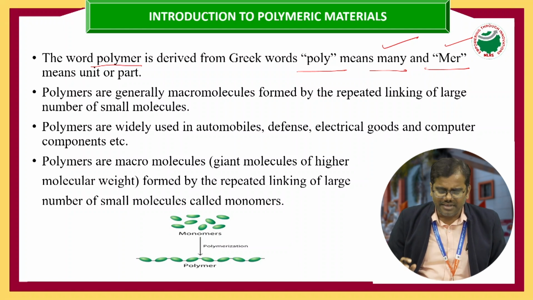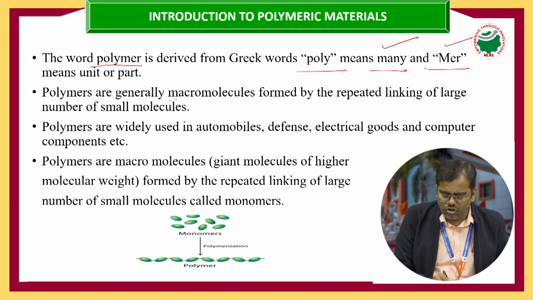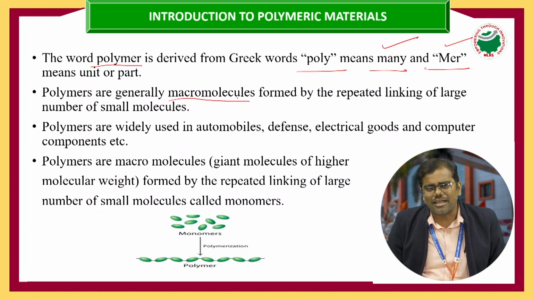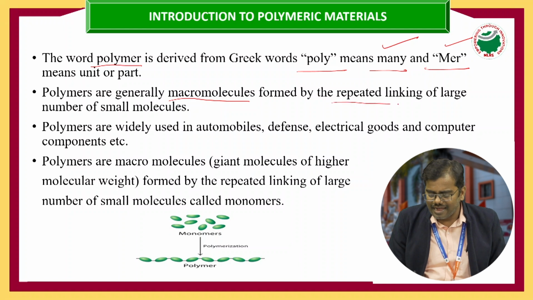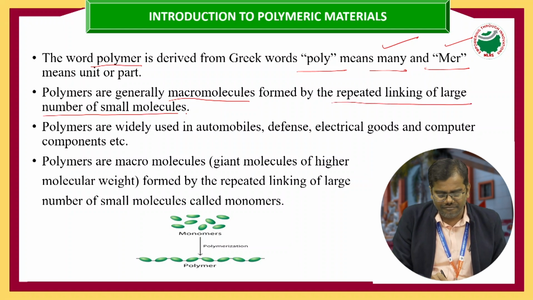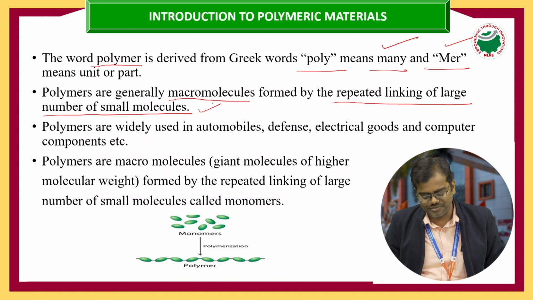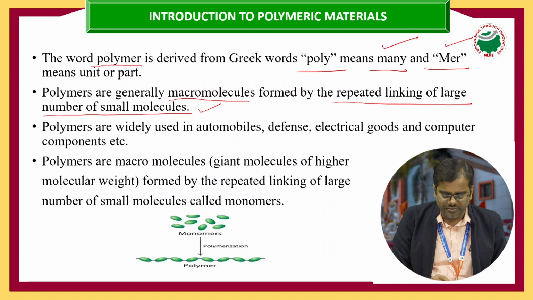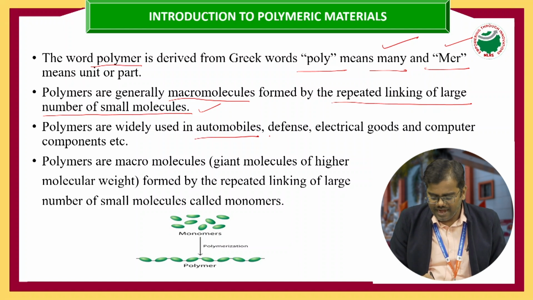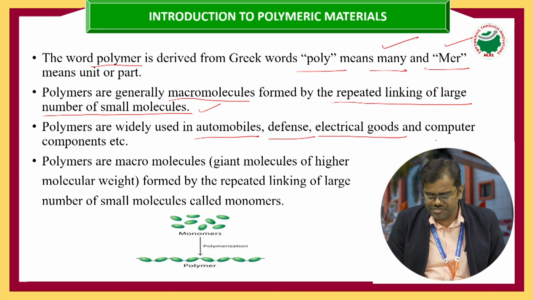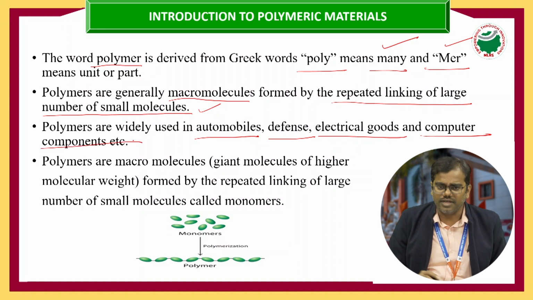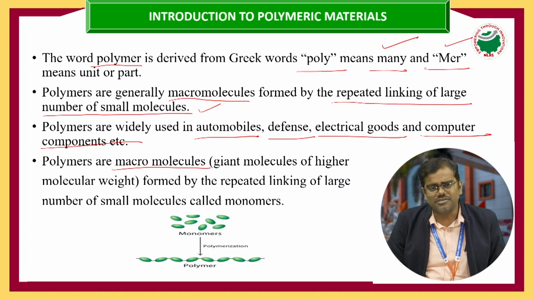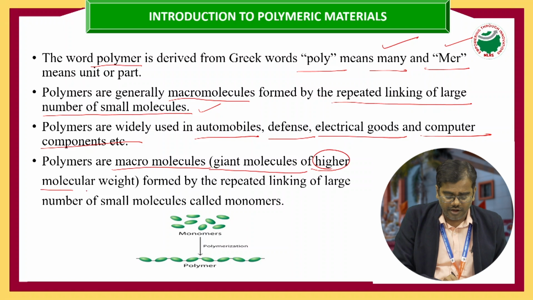We can define it in another manner, that is macromolecules. The polymer is nothing but a macromolecule which is formed by the repeated linkage of a large number of smaller molecules. These many polymeric materials we can use in automobiles, defense, electrical goods, computer components, etc. So polymers are macromolecules, or we can also call them giant molecules of higher molecular weight.